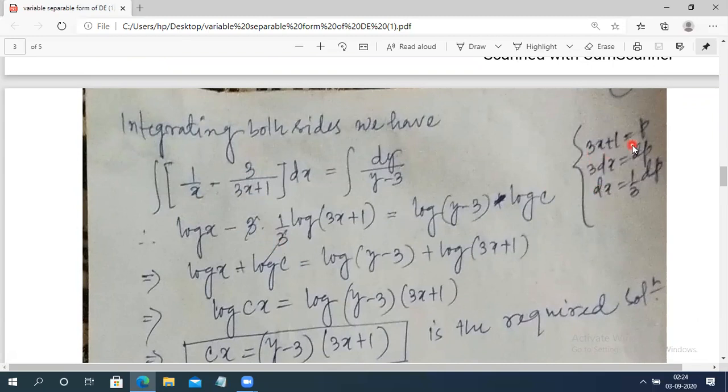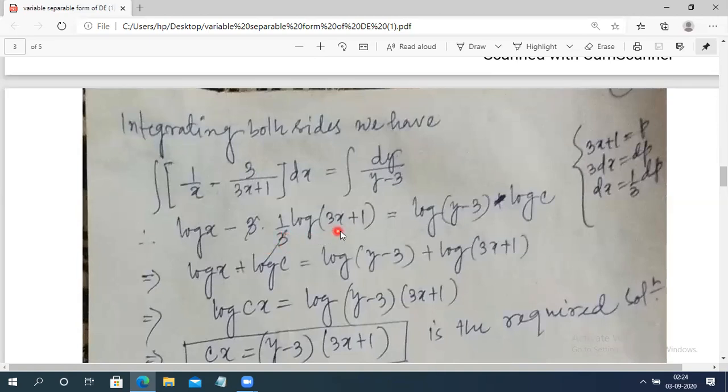Here 3x plus 1, if we simply put as p, then 3 dx will be equal to dp. So dx will be 1 by 3 dp. And what is 3x plus 1? That is p. So this is log of p.